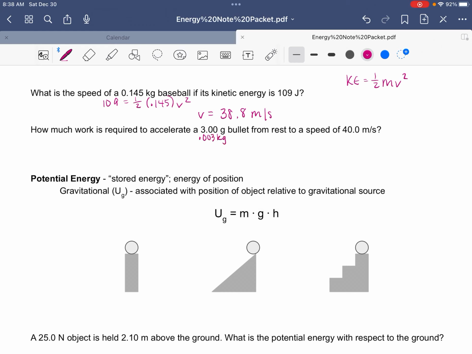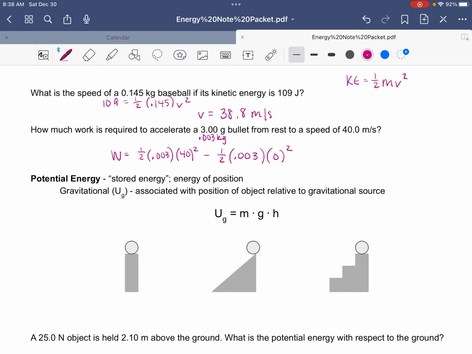The mass is 0.003 kilograms. To convert that, I moved my decimal over 3 places. So my work is equal to 1/2 my mass, 0.003, times my final velocity squared, so 40 squared, minus 1/2 times 0.003 times 0, because my initial velocity was at rest.